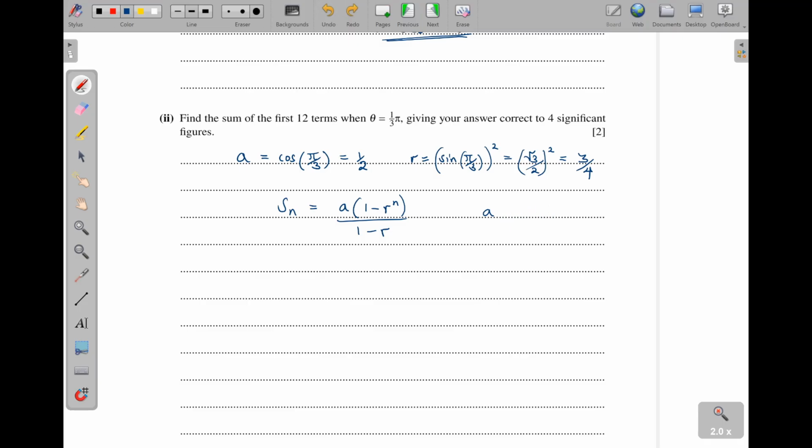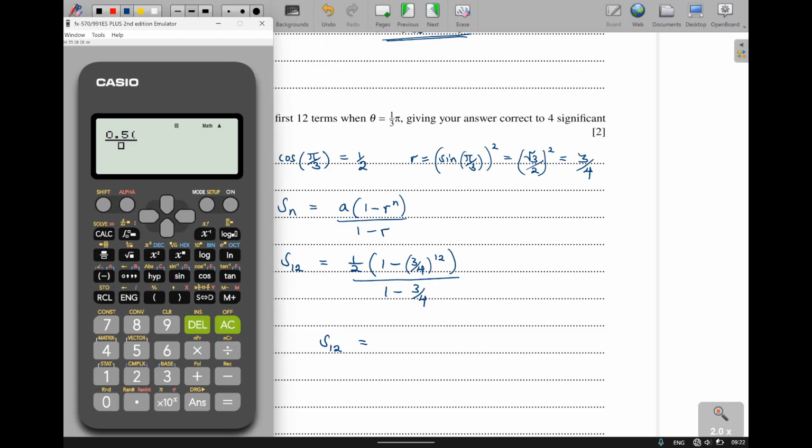So whichever you want. Now, the sum of the first 12 terms is going to be our A, which is a half. And then we have here 1 minus 3 over 4, then we shall power this one with 12, and then out of 1 minus 3 over 4. You just put this one in the calculator and then you get the answer. 0.5 into 1 minus 3 over 4, which is the same as 0.75, then power 12.